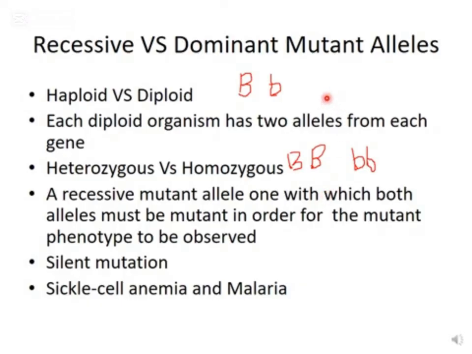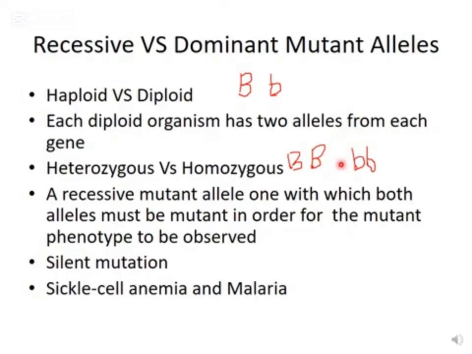So the black hair color in this example is the phenotype. The blonde hair color in this example is the phenotype. However, the two recessive genes, the lowercase b and the lowercase b, are the genotype. The uppercase B and the uppercase B are the genotype.